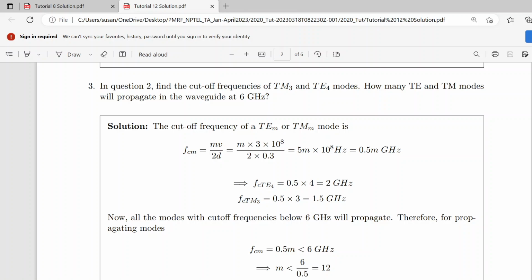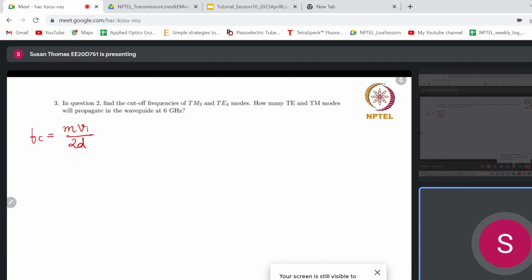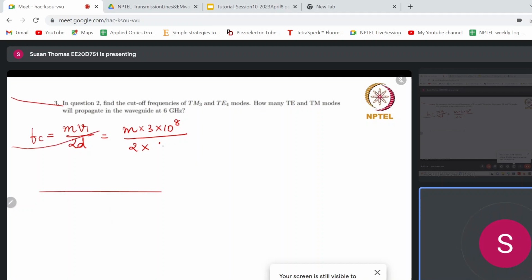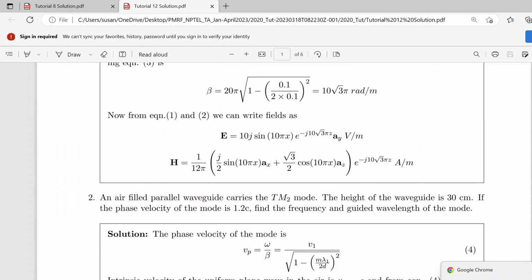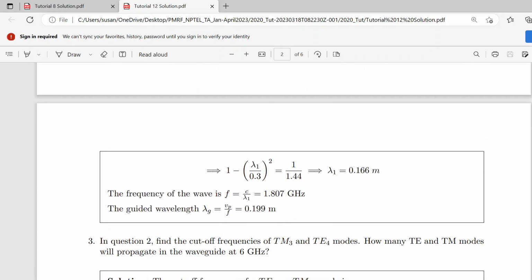The basic expression for cutoff frequency is m v1 by 2d. For any mode m, let us make it generalized. So m into, because it's air filled, we can write it as 3 into 10 power 8, divided by 2 into the plate separation. The plate separation of the previous question was 30 centimeters.